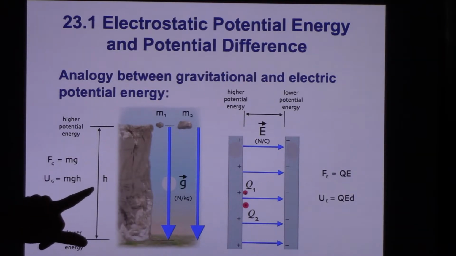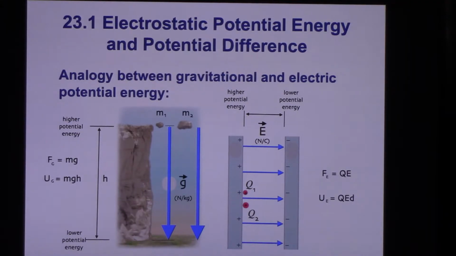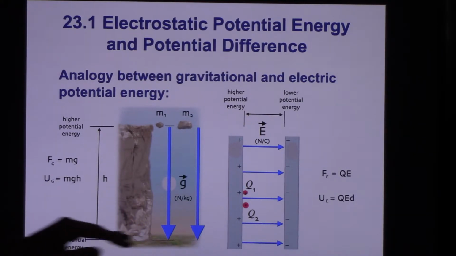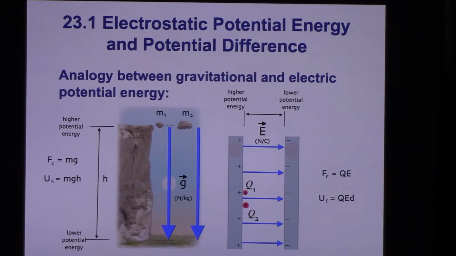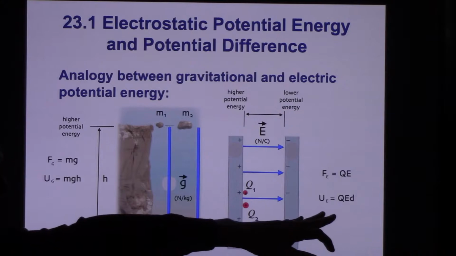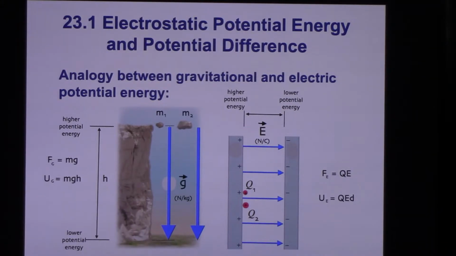We used h to measure those distances. With electric fields, we often use d. So I just wrote it that way. So mgh, which was gravitational potential energy, switches over into QED, quite easily done, when we're looking at electric potential energy.